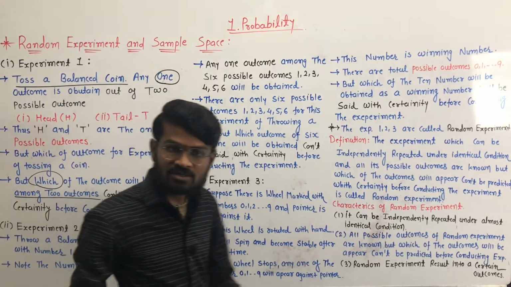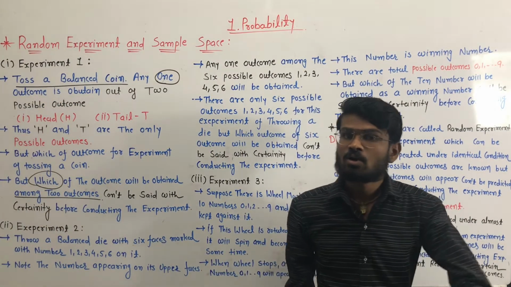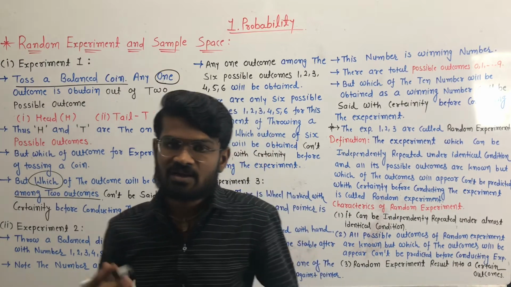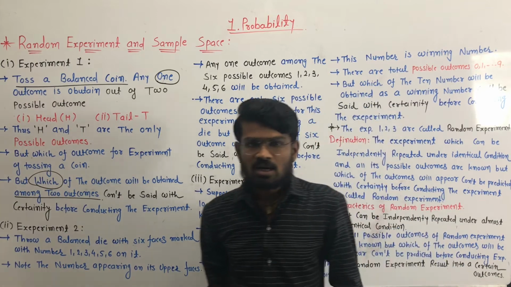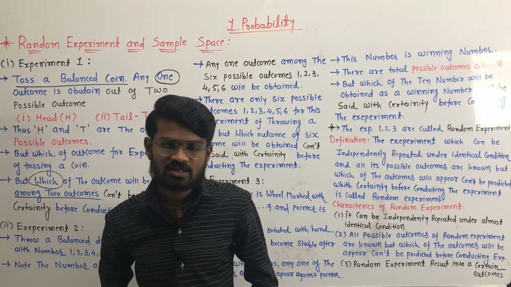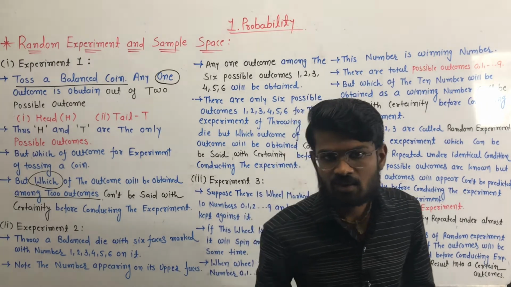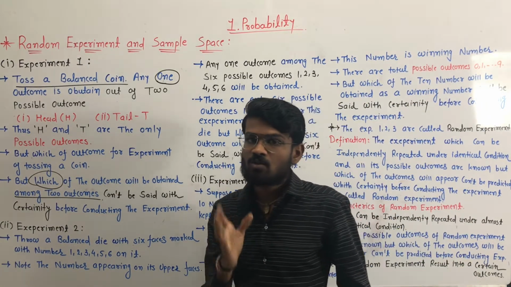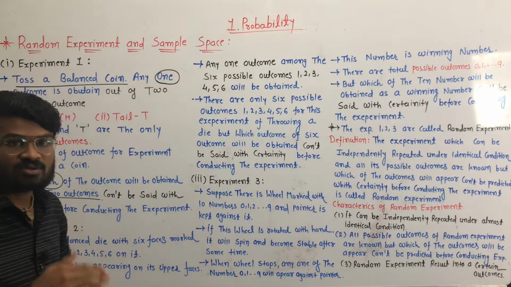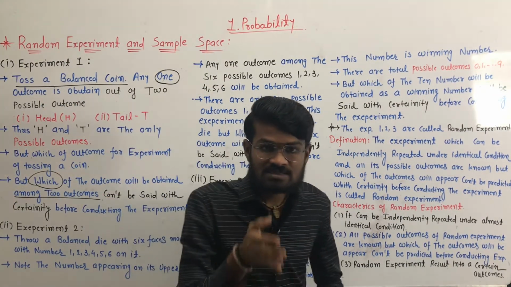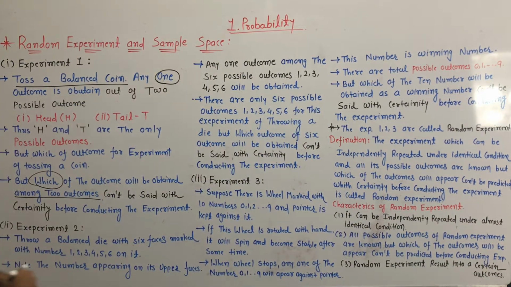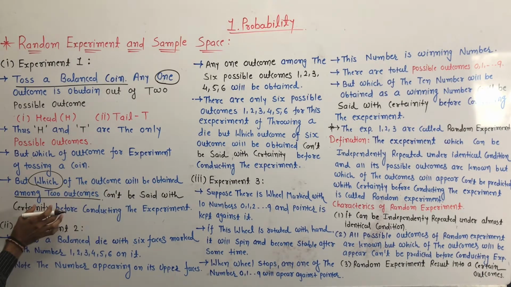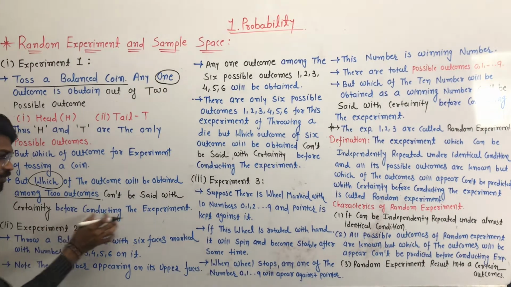Before conducting the experiment we can't say definitely which outcome will be obtained among the possible outcomes. After we perform the experiment we can say which outcome was obtained.